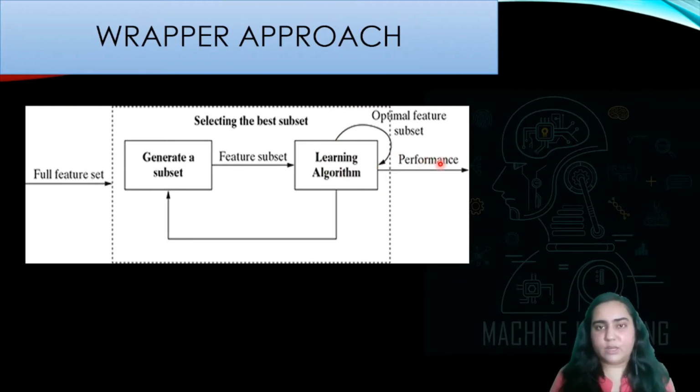So performance can be like accuracy or precision or whatever evaluation measures we have seen. So check that. Then generate another subset, again run the algorithm and check the performance, and this process continues till you have maybe exhausted all the subsets, and then you see which subset is having the highest performance and use that one for your model.